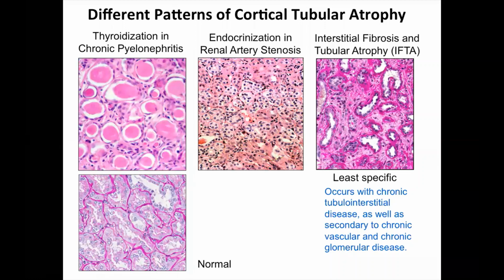It might be because of vascular disease, because of hypertension, or due to diabetes, or due to lupus, or due to prolonged glomerular disease like IgA for instance. So with interstitial fibrosis and tubular atrophy in this picture, we can't really pinpoint it to an etiology. Okay.